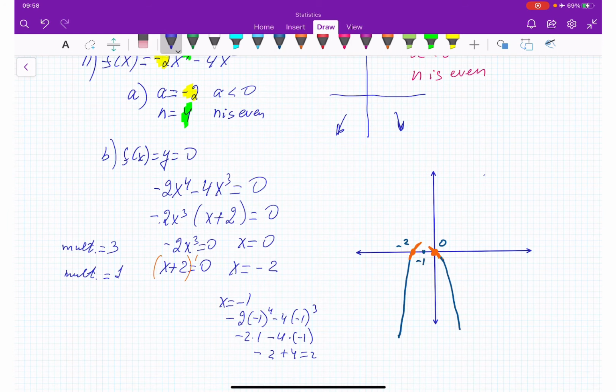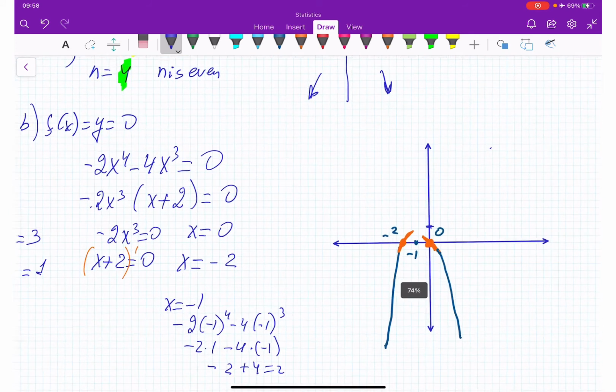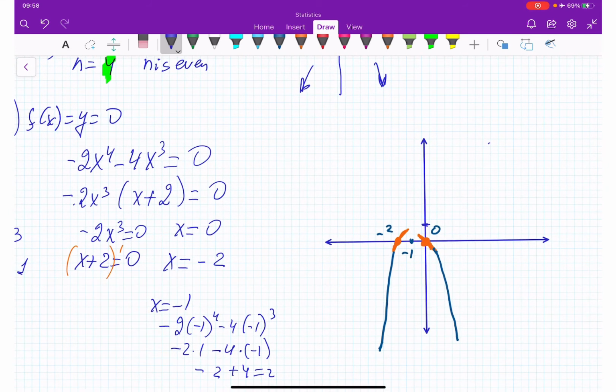So positive 2, it's going to be somewhere here, 1, 2, 3, okay, so it's going to be here too. So it's going to come like that.